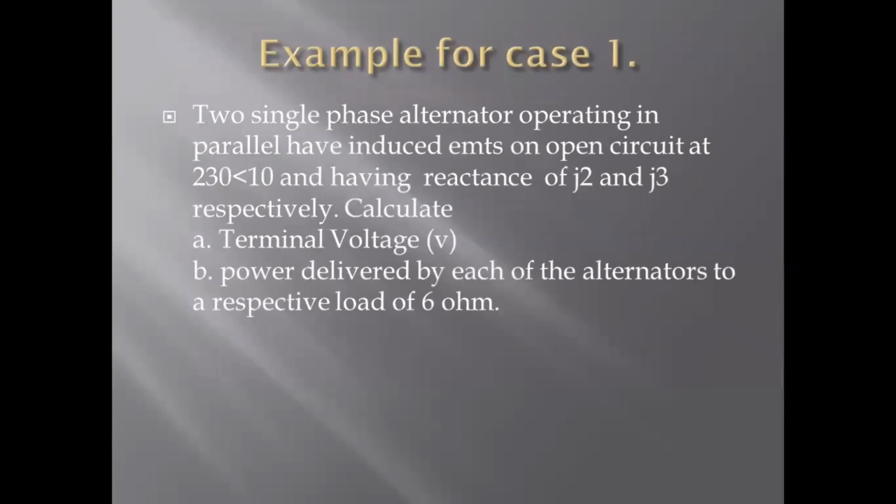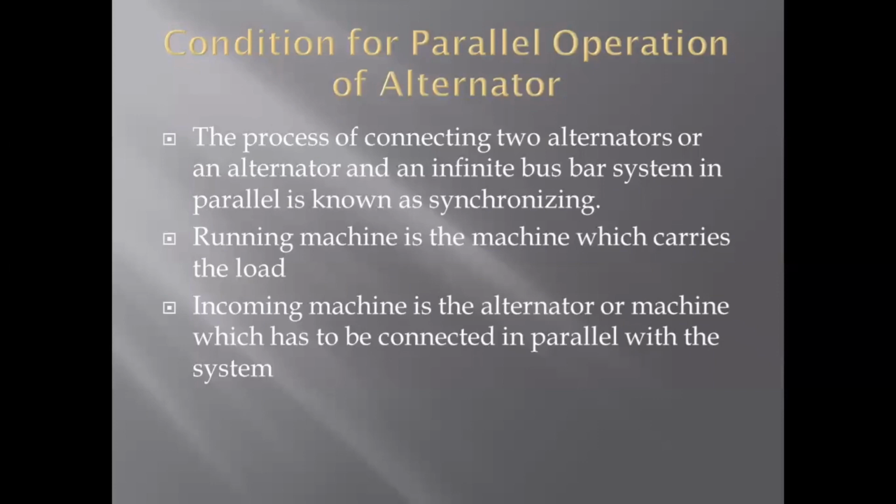Now the conditions to be satisfied. First, the phase sequence of the incoming machine voltage and the bus bar voltage should be identical. Then the RMS line voltage of the bus bar, the already running machine and the incoming machine, should be the same.